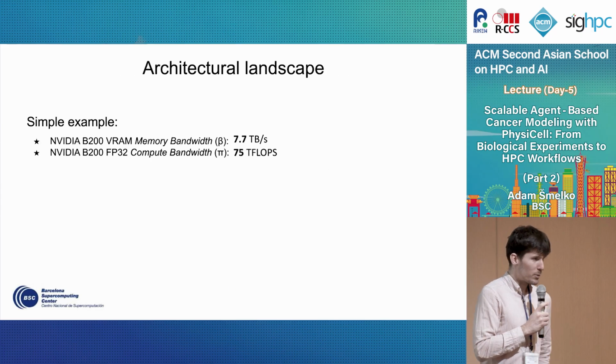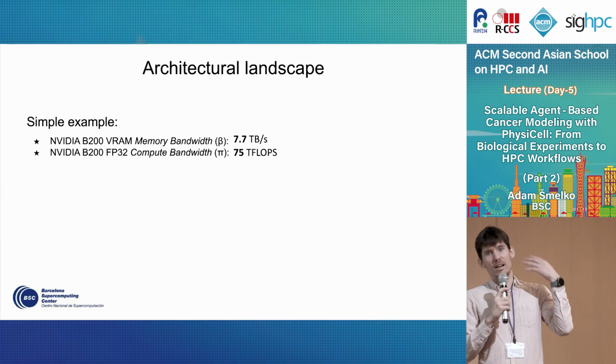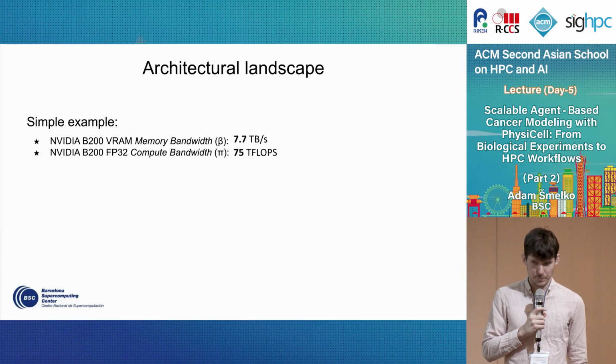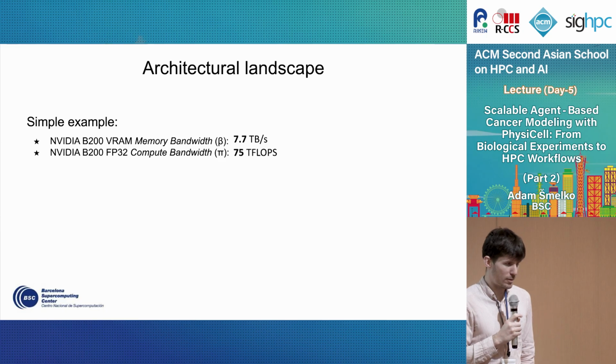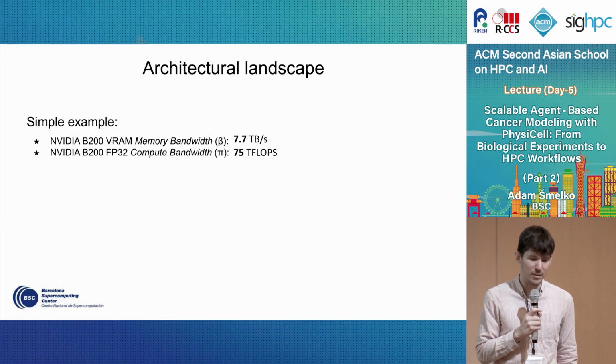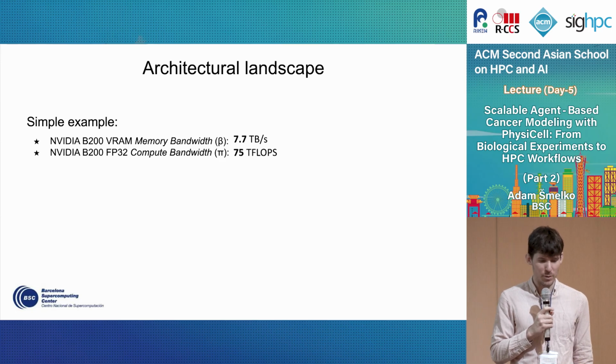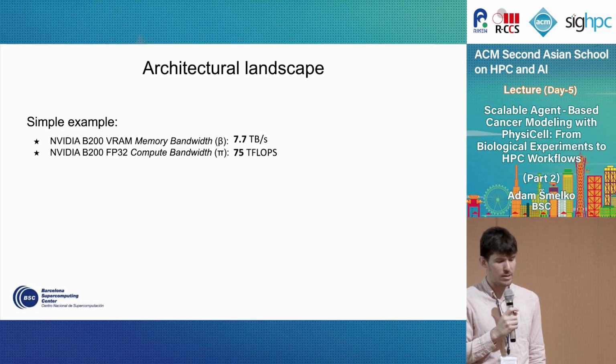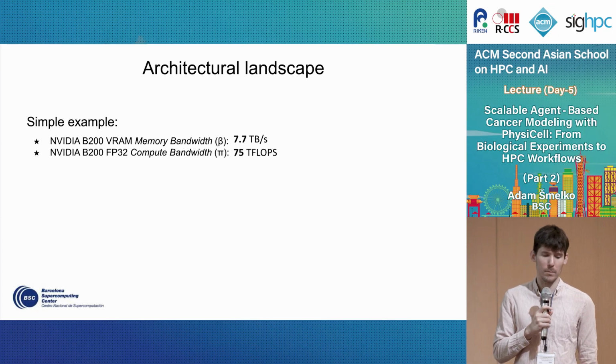Here I wanted to give you an interesting idea of how to look at this sort of problem. For this, I borrowed a most recent NVIDIA GPU, and I wanted to show you the two different bandwidths that this device has: the compute bandwidth and the memory bandwidth.